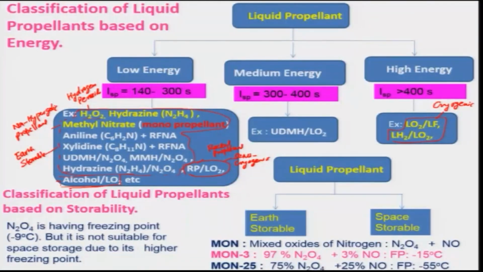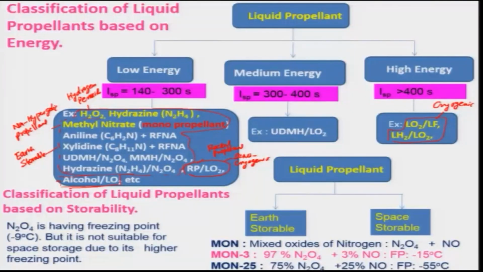As a result, one can get the freezing point lowered from minus 9 degrees Celsius for virgin N2O4 to about minus 15 degrees Celsius. And when the NO percentage increases to 25%, you get a freezing point of minus 55 degrees Celsius, which is quite a lot lower compared to virgin nitrogen tetroxide.